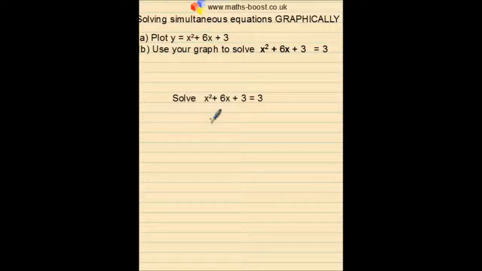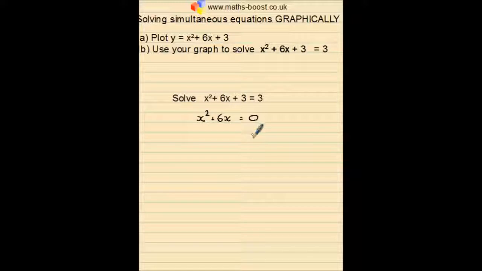So when you see a question like this, I recognise that it's a quadratic, and like any quadratic I want to solve, I need this to be equal to 0. How do I deal with this nuisance plus 3? What I'll do is I'll subtract 3 from both sides. So now I've got it in a form that I can solve. I'll either use the quadratic formula or complete the square.